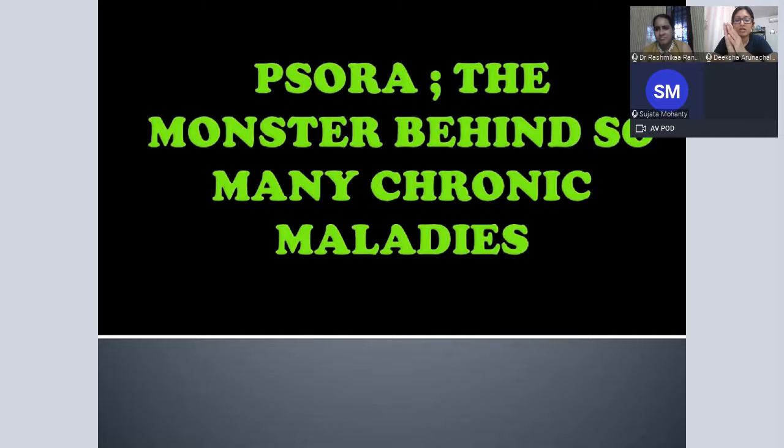Before you start reading the slides, just remember that Psora has to do with the functions in the body. Any derangement of the functions in the body will lead to the manifestations or the symptoms which are typical of psoric miasm. Whatever elements are present in the body, micro as well as macro elements, like the different carbons, sulfur, iron, etc., any derangement, deficiency or imbalance in these elements will cause functional disturbances.